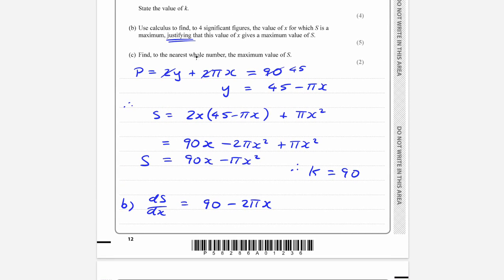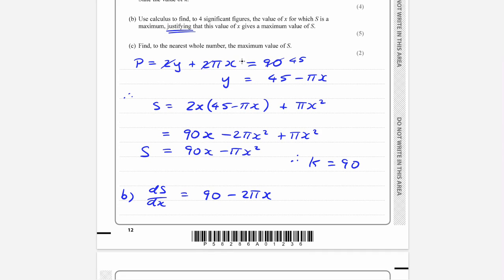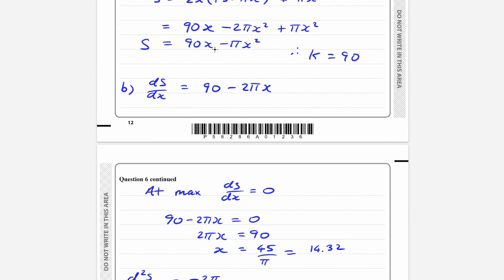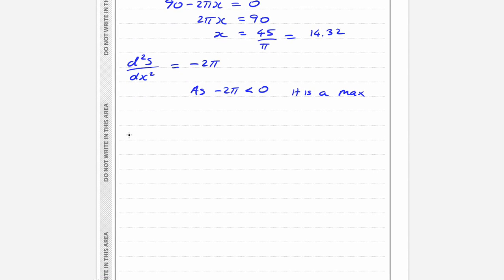Okay, then he says find, to the nearest whole number, the maximum value of s. Remember guys, s is 90x minus pi x squared, and we know the maximum occurs at 14.32. So we just have to sub that in here.